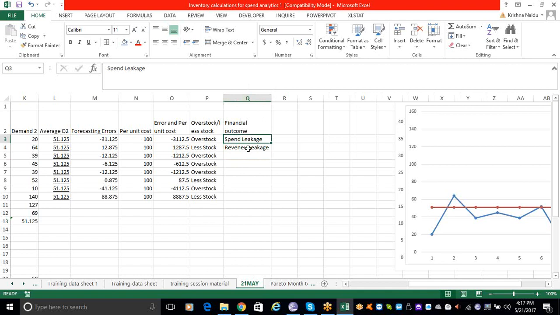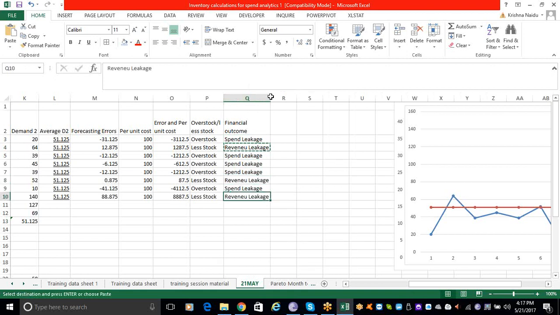Spend. Okay. So now we have to find how much spend leakage and how much revenue leakage happens.